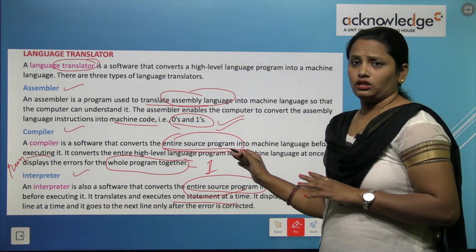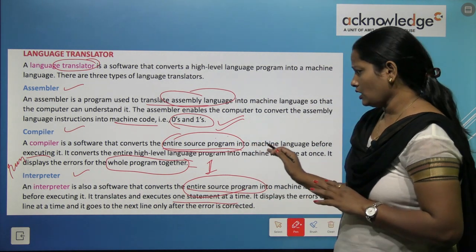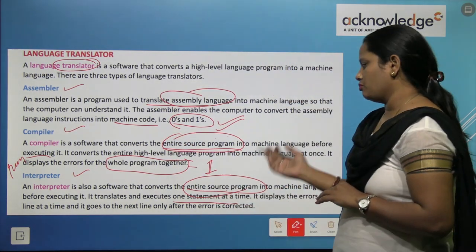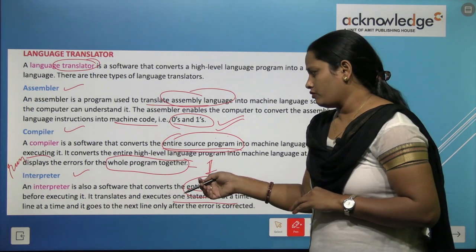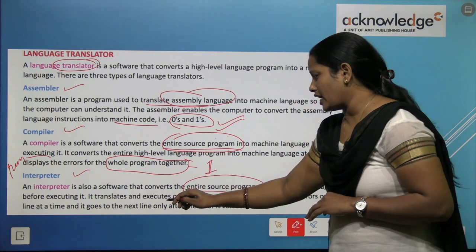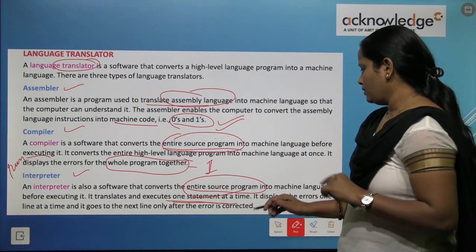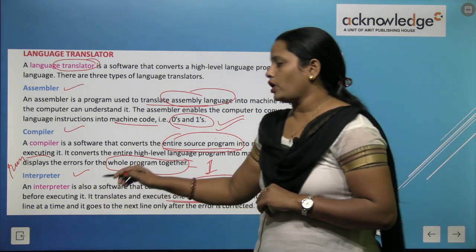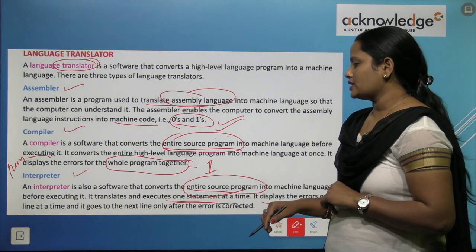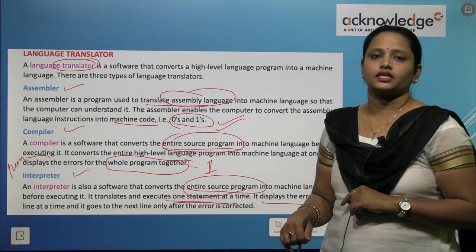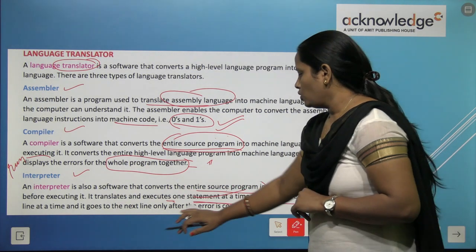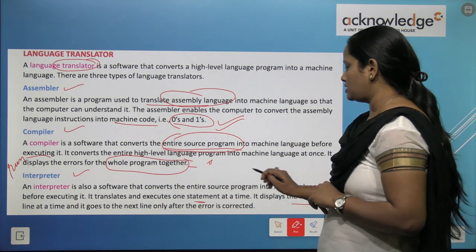The compiler displays the result at the end of the program, whereas the interpreter executes one statement at a time. It displays the error one line at a time, and it goes to the next line only after the error is corrected.